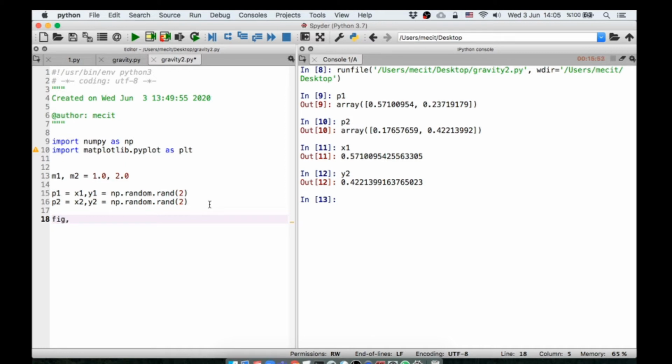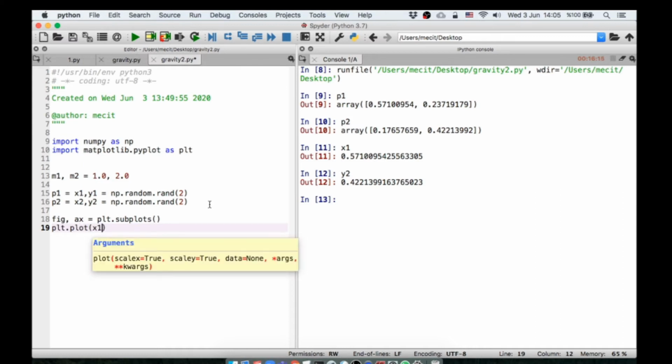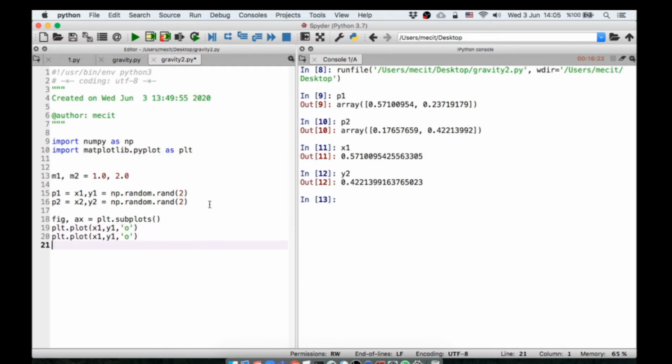I always begin with plt.subplots without an argument, without a parameter here. This gives a figure and one axis. Okay, so now I'm ready to plot my points x1, y1. Let us do it with a dot, with a larger dot.